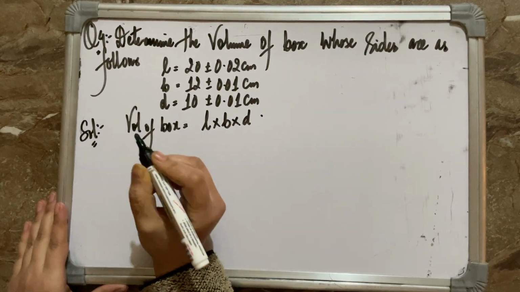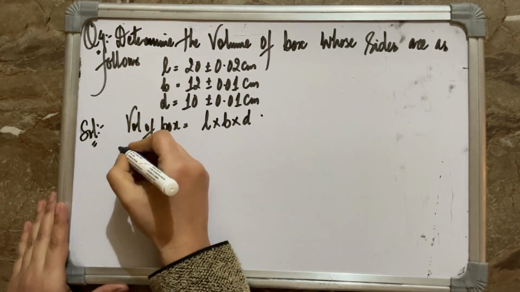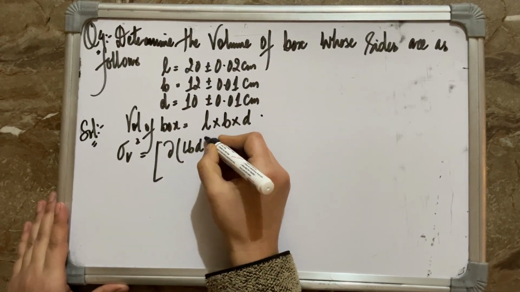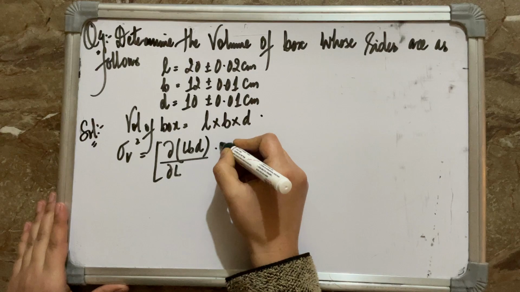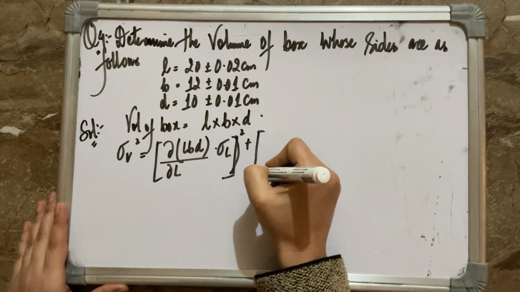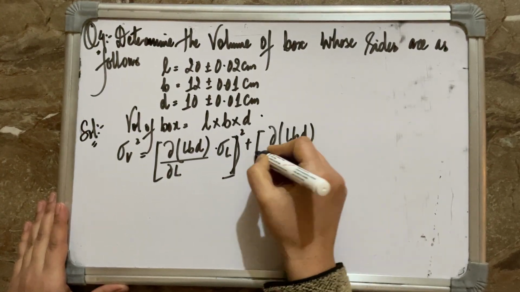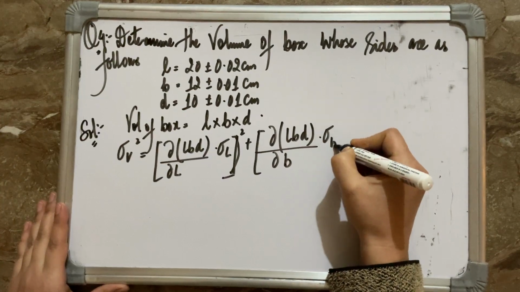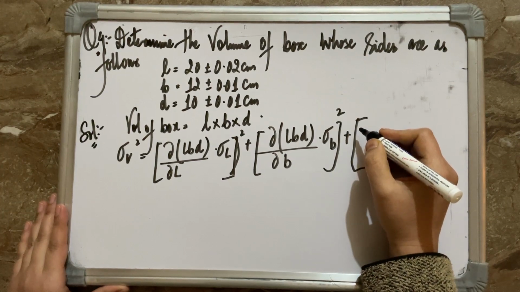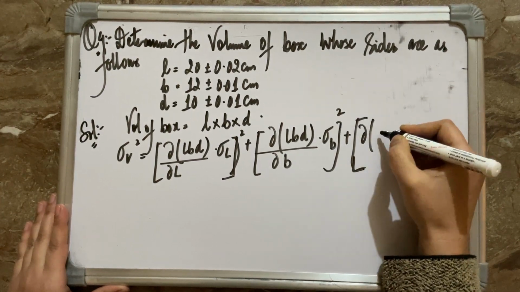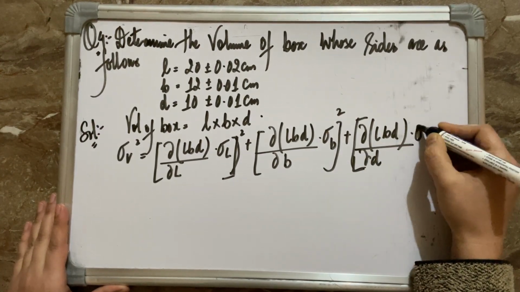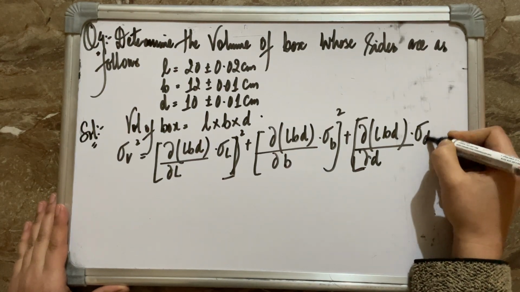First I'll calculate the standard error in the volume, that is sigma V square is equal to the partial derivative of LBD with respect to L, in sigma L square, plus LBD with respect to B, in sigma B square, plus LBD with respect to D, in sigma D square.